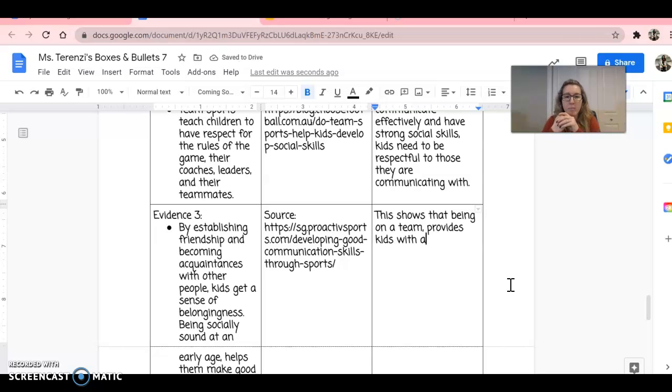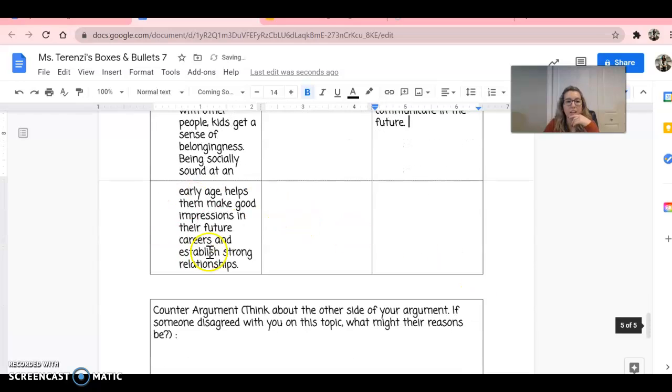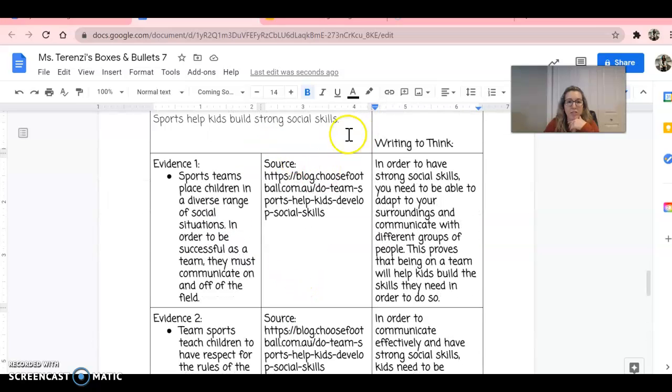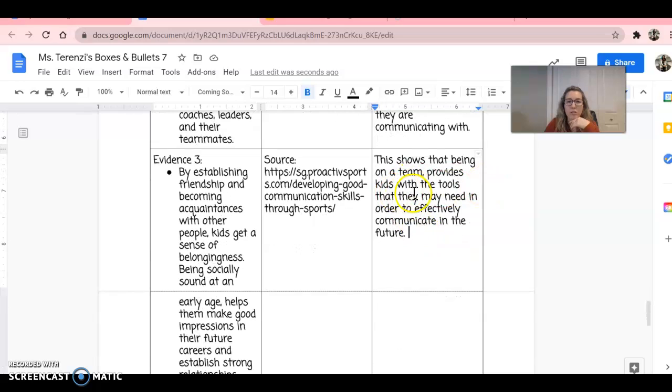This shows that being on a team provides kids with the tools that they may need in order to effectively communicate in the future. Okay, well, I have said that building these strong social skills on a team can help them in the future with their careers, and that relates back to having strong social skills. So this shows that being on a team provides kids with the tools they may need in order to effectively communicate in the future. Is there anything else I could say about this?